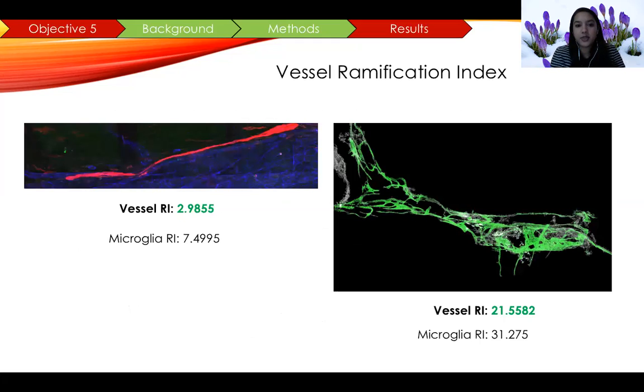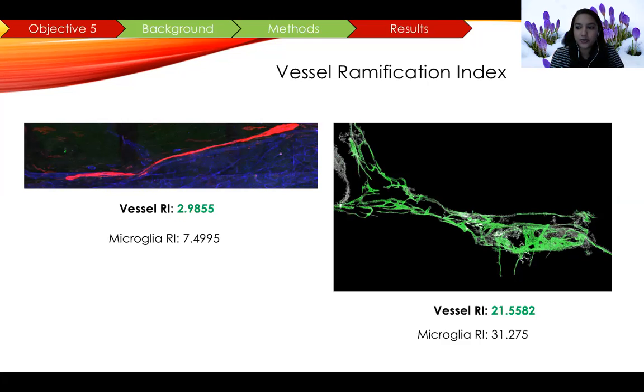Here are some complexity results. On the left is a simpler vessel with lower vessel ramification index. A more complex vessel is shown on the right with a higher vessel ramification index. The new RI is able to discriminate distinctively between simpler and more complex vessels.